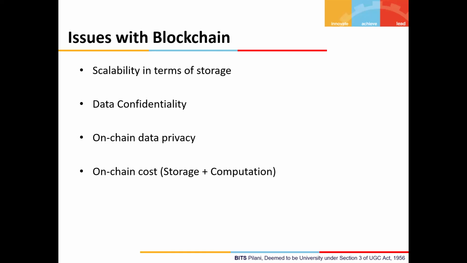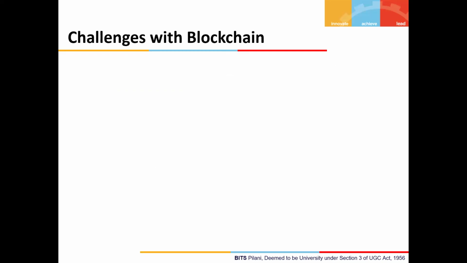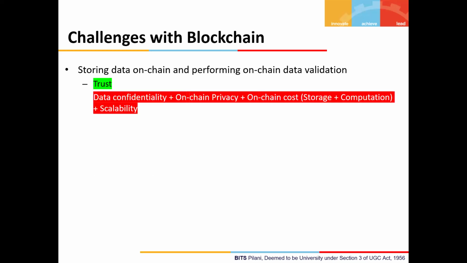So it is not sufficient to basically come to the blockchain. Blockchain itself has certain limitations that we need to ensure. So the challenges with this blockchain-based mobile crowd sensing system: there is a trade-off in certain things like storing data on-chain and performing on-chain data validation.